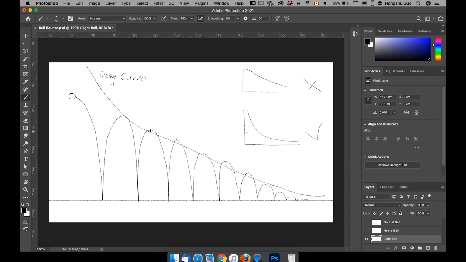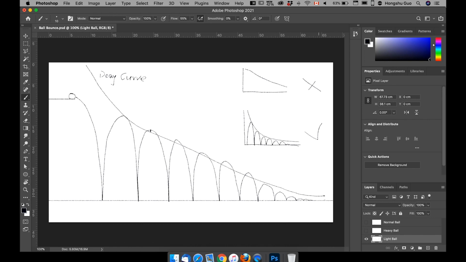And then if I draw the ball bounce on this smaller graph, it should look something similar to this. Each time it's just going to lose some of the energy until it settles. It's not going to be exactly the same as this decay curve, but generally speaking, it won't form a straight line. It should be a decay curve like this.